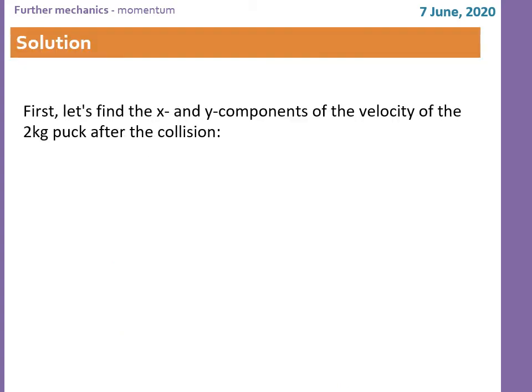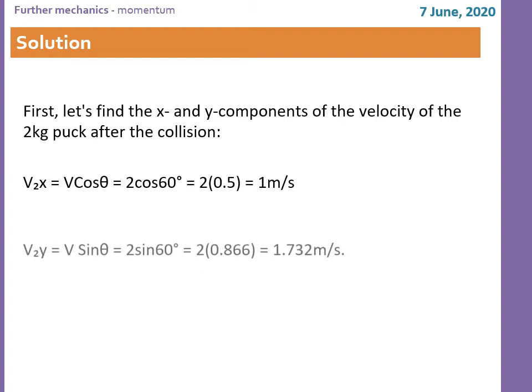First of all, let's find the x and y component of the velocity of the 2 kilogram puck after the collision. If I talk about the x component, v2x equals v cos theta, which is 2 cos 60, and I got 1 meter per second. This is the velocity of the 2 kilogram puck after the collision, that's why I'm taking v.